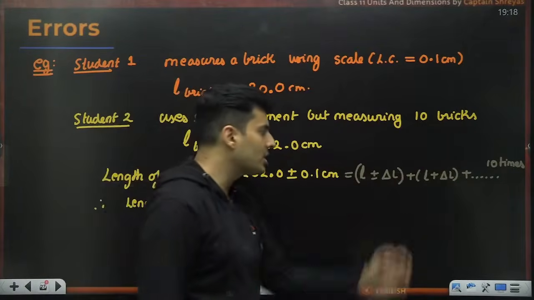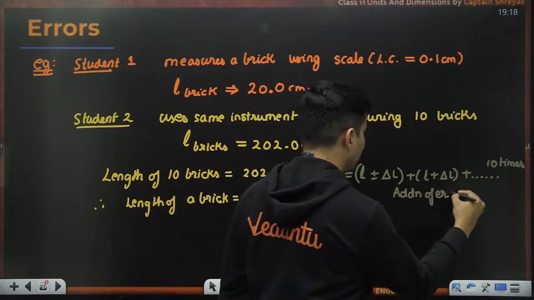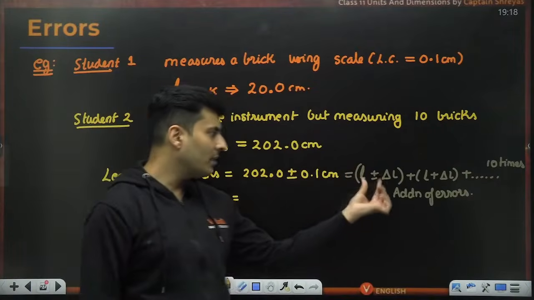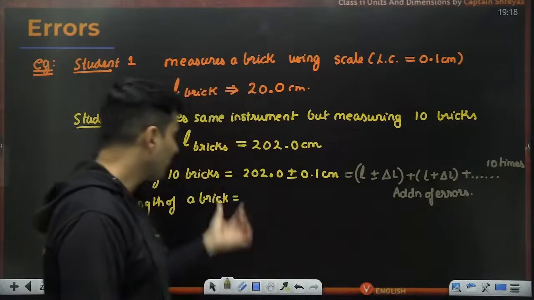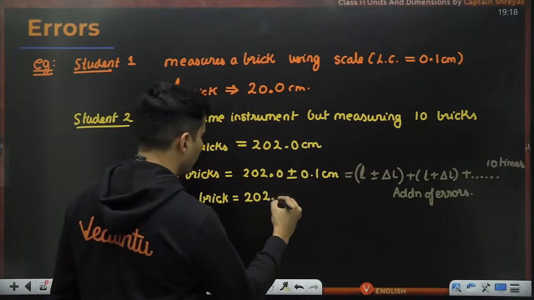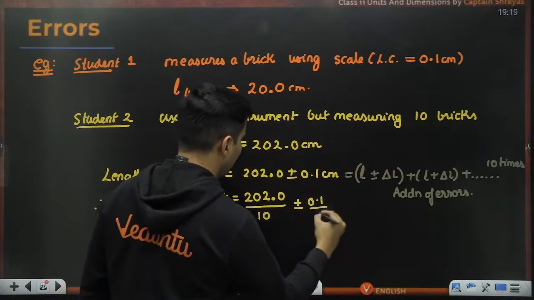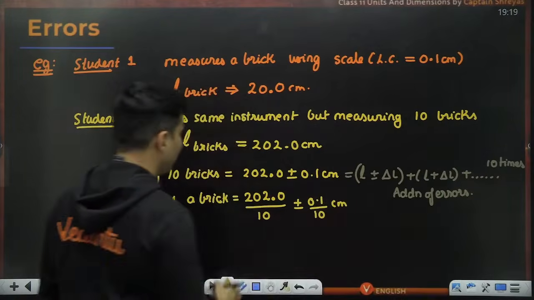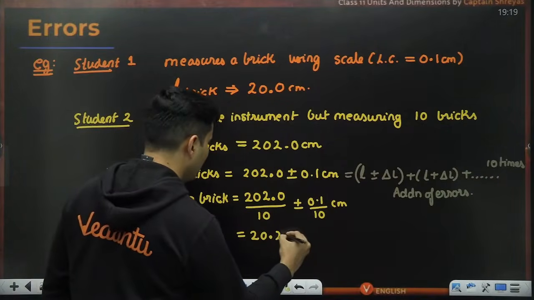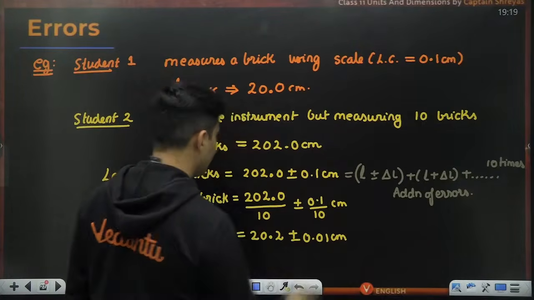It's basically addition of errors. 202, you got it by adding the lengths of each brick. So this will be 202.0 divided by 10, plus minus 0.1 divided by 10 centimeters. This would be how much, guys? This will be 20.2 plus minus 0.01 centimeters.